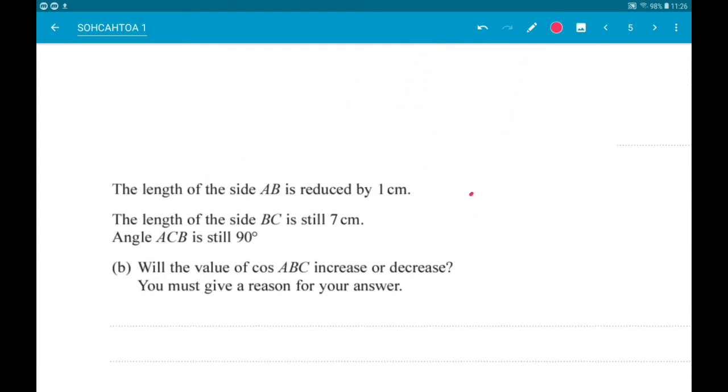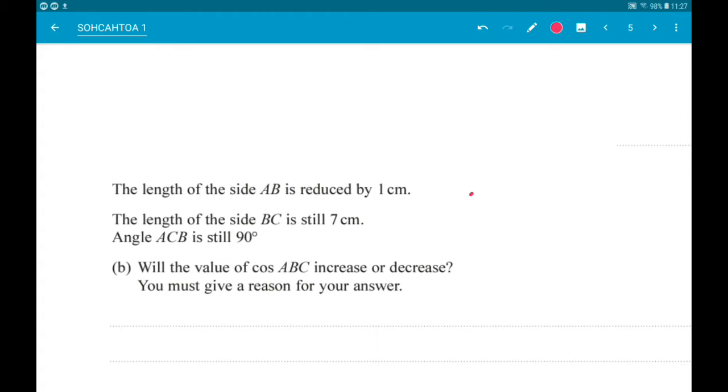BC is still 7. The right angle is still a right angle. We are asked, will this increase or decrease the value of cos ABC?